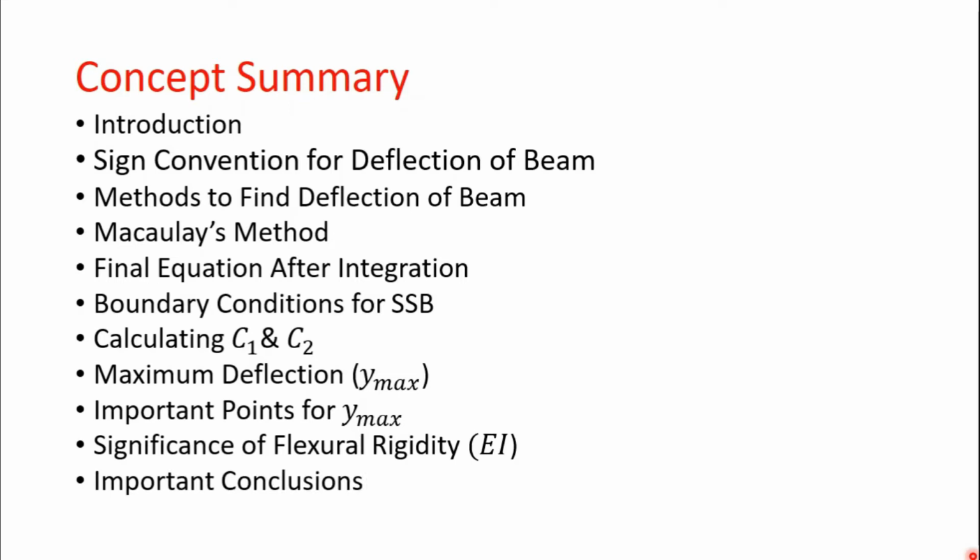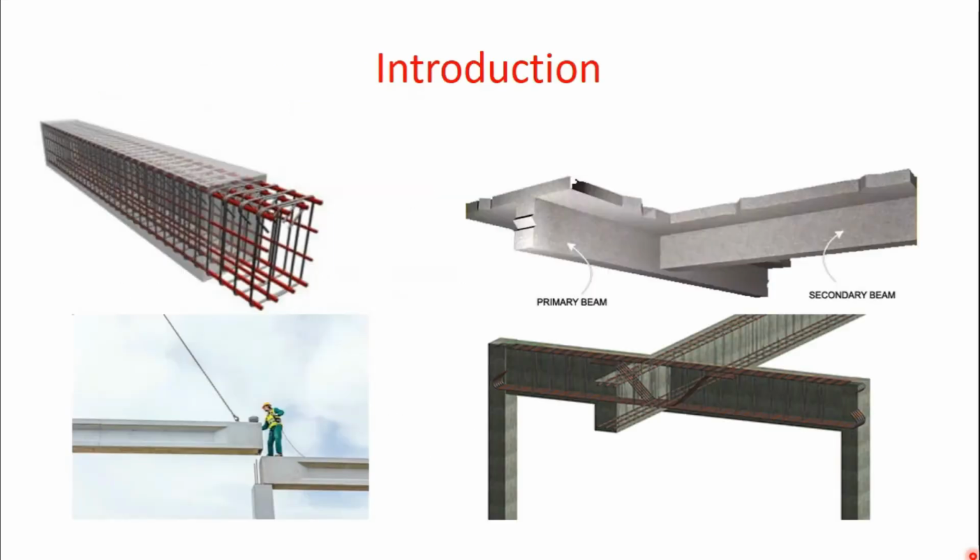some important conclusions. So beginning with beam, and we all know that beam is a horizontal structural member on which vertical force is being applied, and the beams are designed in such a manner so that they resist deflection.